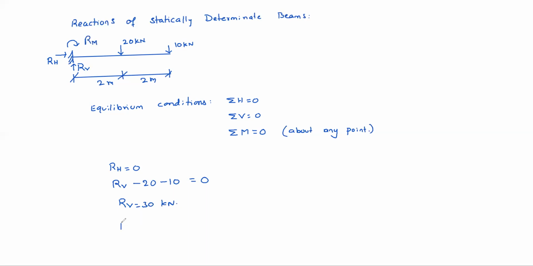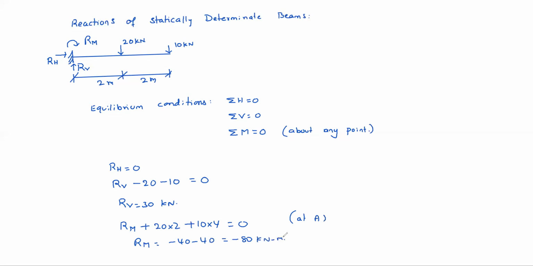So clockwise moment RM plus 20 into 2 clockwise moment plus 10 into 4 clockwise moment about A. So we have taken points about A, which is equal to 0. Okay. At A we have taken. So the reaction moment RM equals minus 80 kilonewton meter.